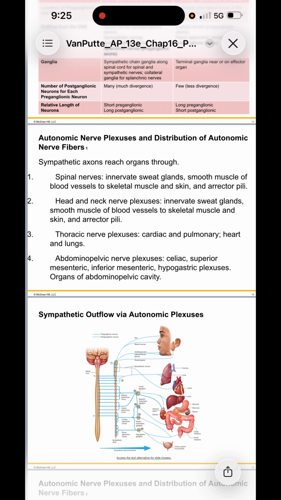Head and neck nerve plexuses, which innervate sweat glands, smooth muscle of blood vessels to skeletal muscle and skin, and erector pili. 3. Thoracic nerve plexuses, cardiac and pulmonary, heart and lungs. 4. Abdominal pelvic nerve plexuses, celiac, superior mesenteric, inferior mesenteric, hypogastric plexuses, organs of abdominal pelvic cavity.